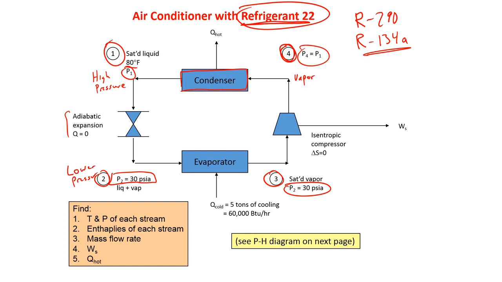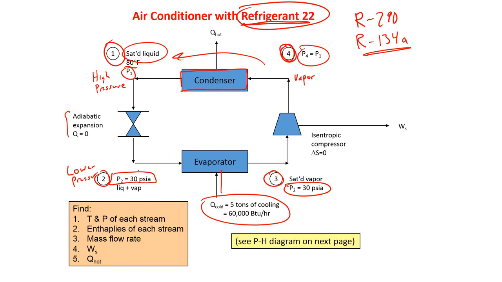And then we're going to cool it down to a saturated liquid. So it's going to condense this vapor into liquid. Now on the bottom side, let's say we have a warm home or a warm car and we want to cool it off. We're going to boil.